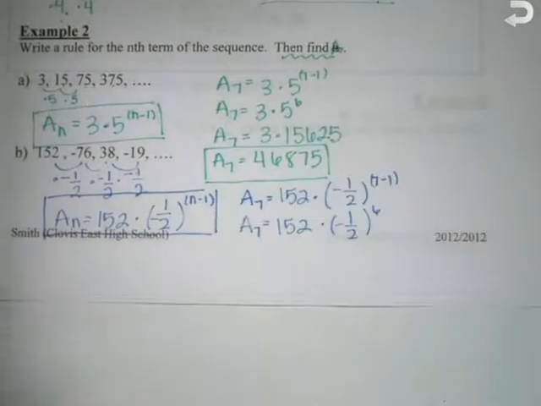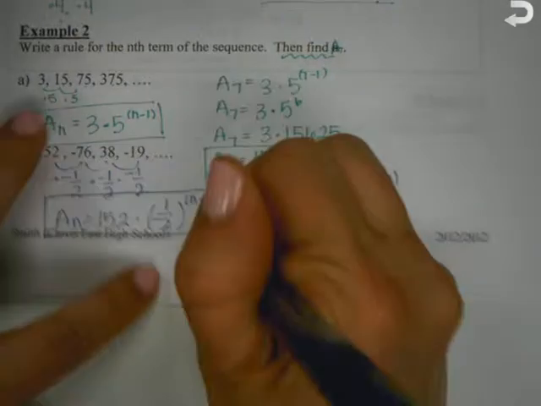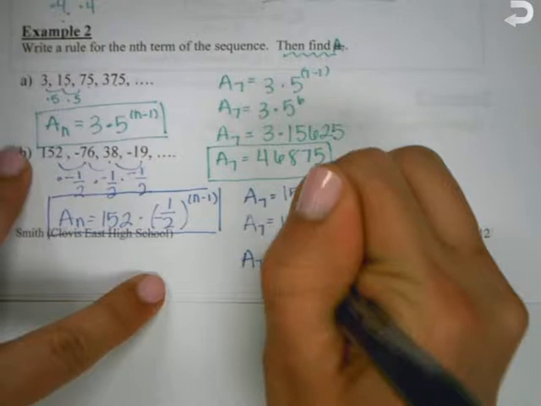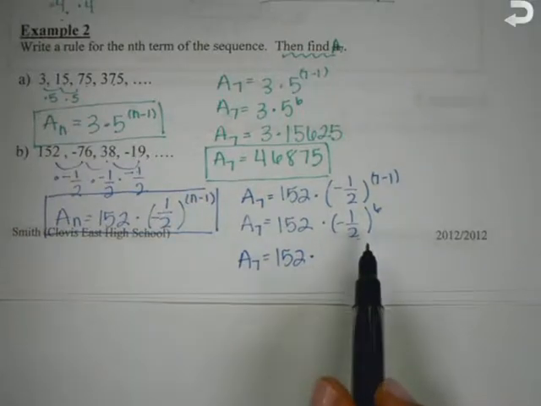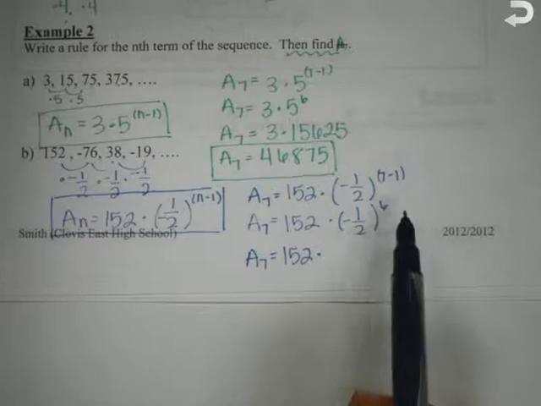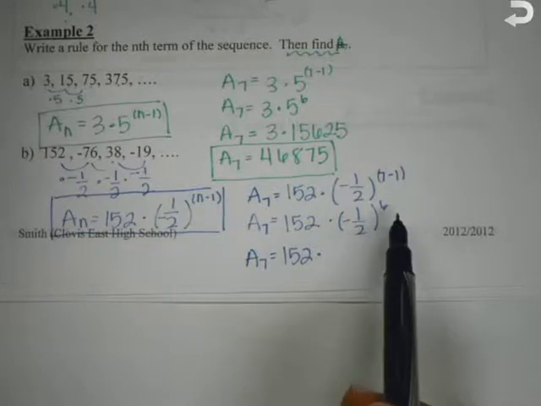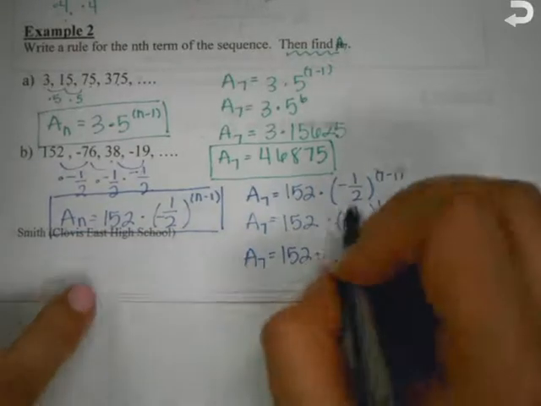Which is 152 times, if I have a negative but it's raised to an even exponent, will my answer come out positive or negative? Positive. So times 1 over, what's 2 to the 6th? 64.